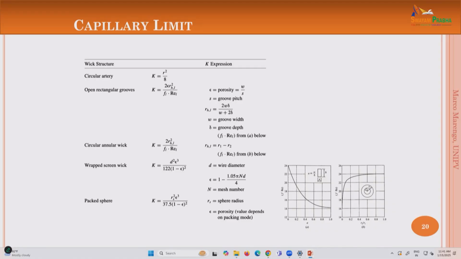So, how much is the K? As you can see here, there are different expressions for the grooves, an artery, an annular wick, a screen wick, and a packed sphere, and so on. These equations are mainly empirical.